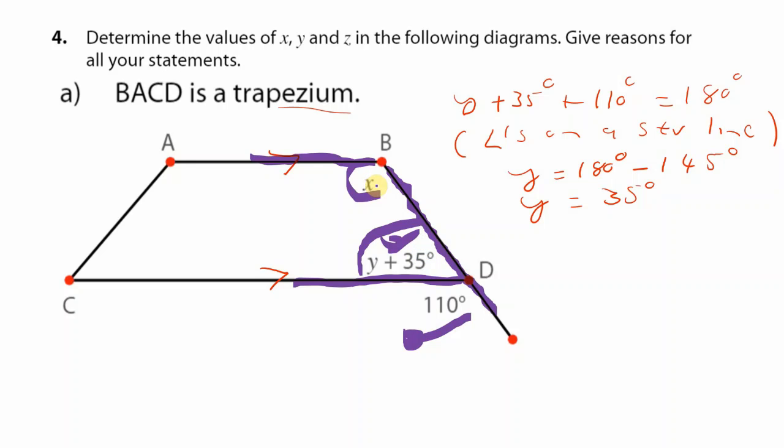So therefore we have co-interior angles. We know co-interior angles have to add up to 180 degrees. So we can say x plus y plus 35 degrees equals 180 degrees. Reason: co-interior angles.